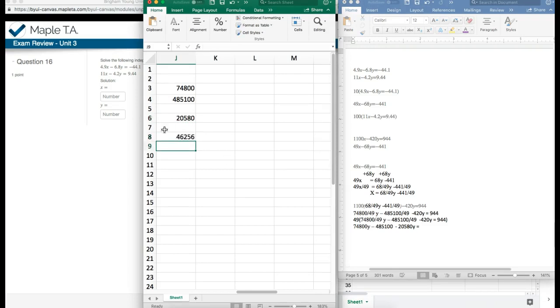These are bigger numbers, but so much nicer to not have to deal with those fractions.